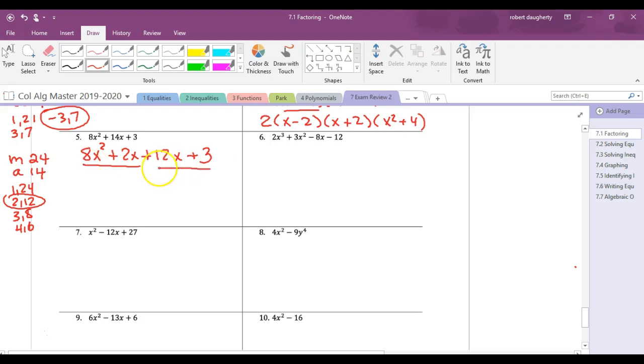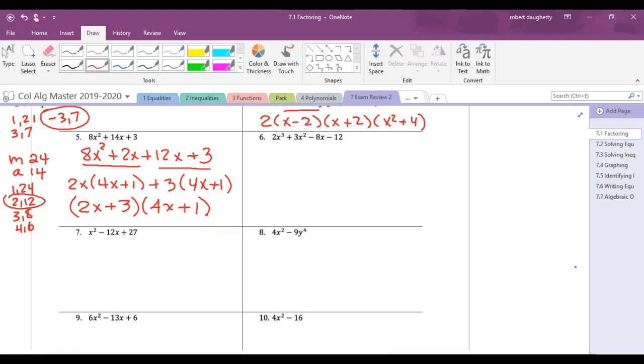Factor by grouping now. What do these have in common? It looks like a 2x, and you're left with 4x plus 1 plus 3, 4x plus 1. Your answer is 2x plus 3 times 4x plus 1.